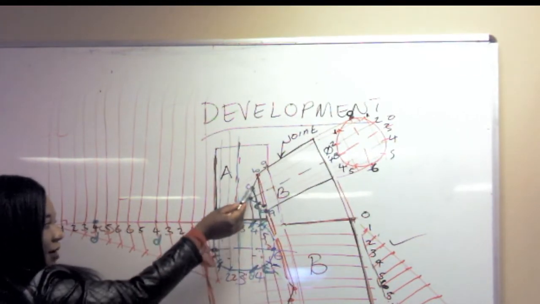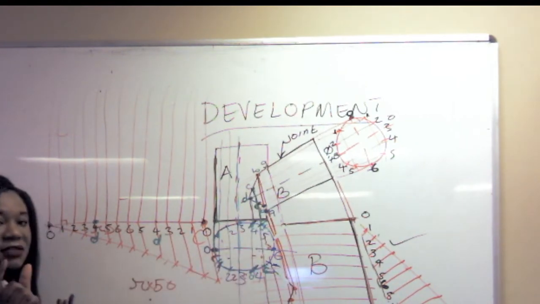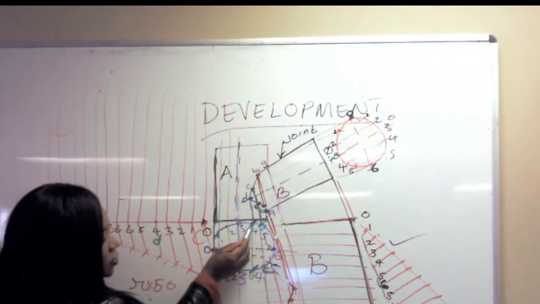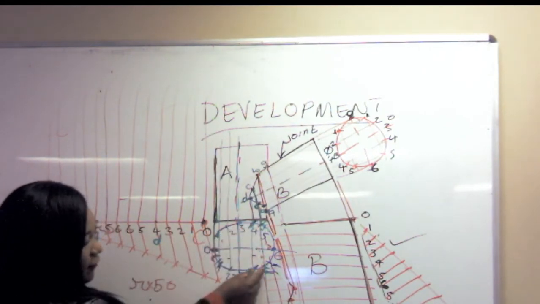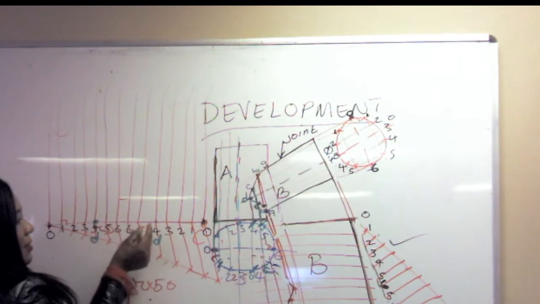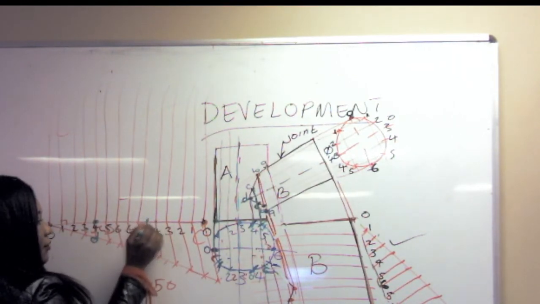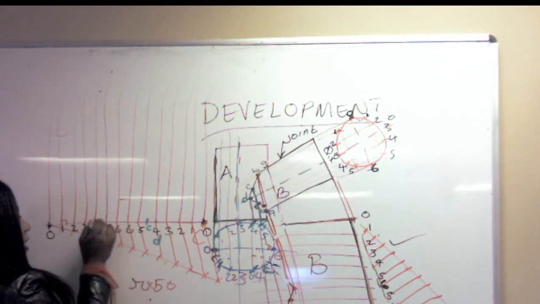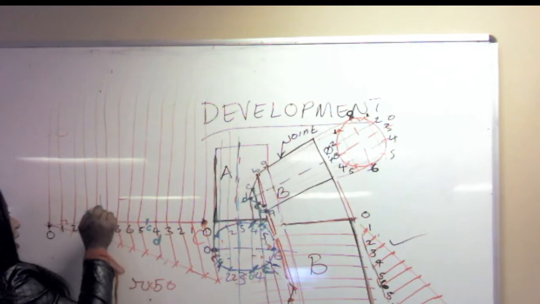So C, when I bring a line down, is falling between 4 and 5. I take a compass. You take your compass from 4 to C before 5. 4 to C with the compass, or even here 4 to C. Then you come here before 5. You put on 4 and mark C. And here 4 to 5, you mark C. Then you draw a line, construction line.